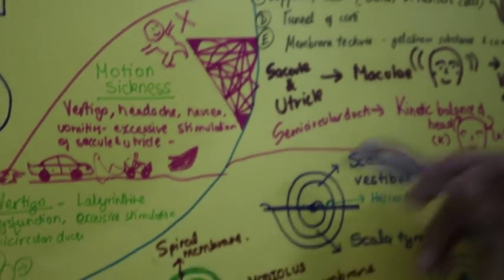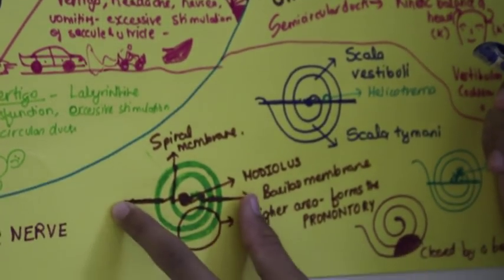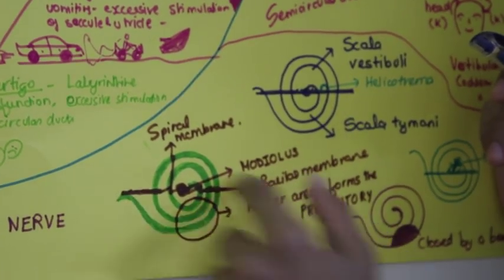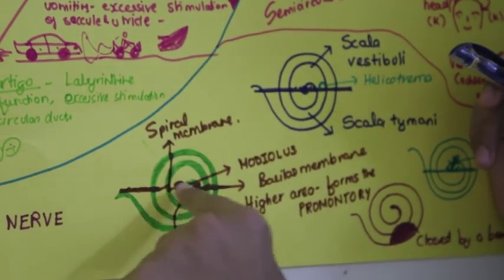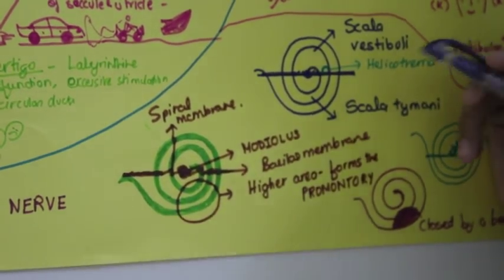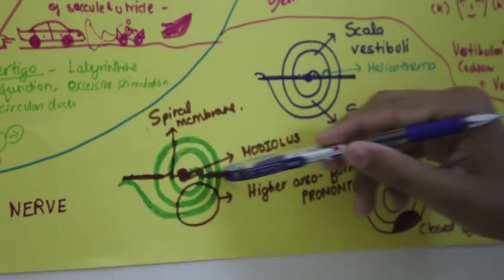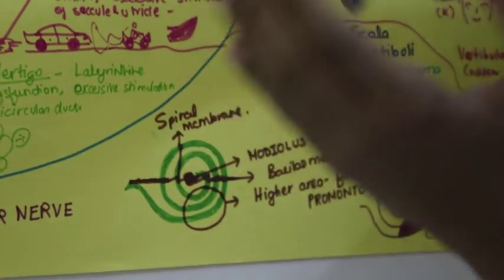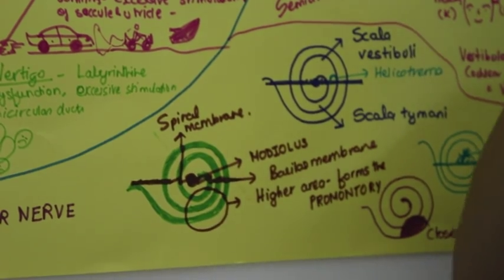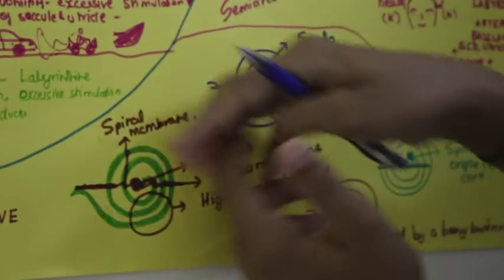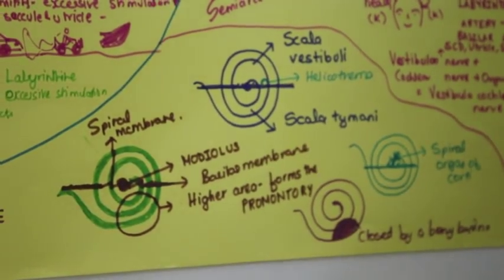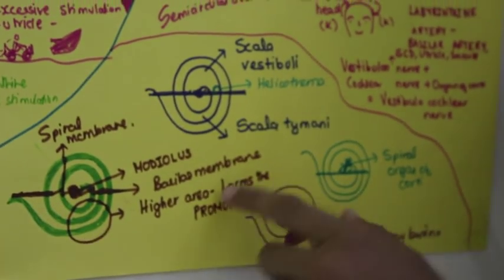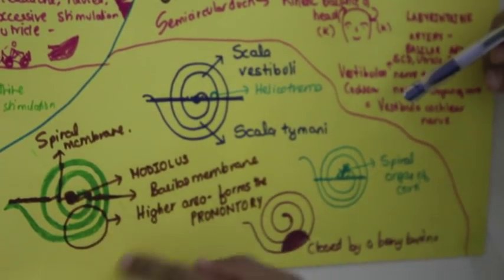Here is the basilar membrane that completes the whole cut between the two parts of the cochlea, and it has divided the whole thing into two parts. The higher area forms the promontory. This is a basal coil.